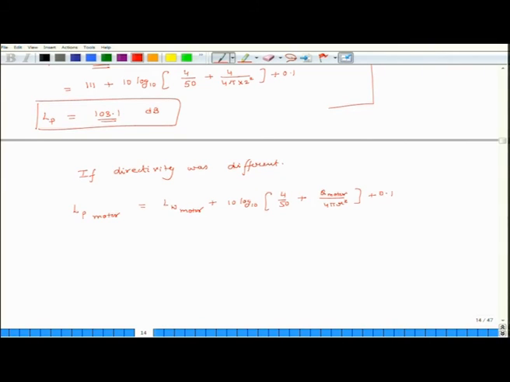Then I will do the same thing for LP pump, which is equal to LW pump plus 10 log 10 of 4 by 50 plus Q pump by 4 pi r square.